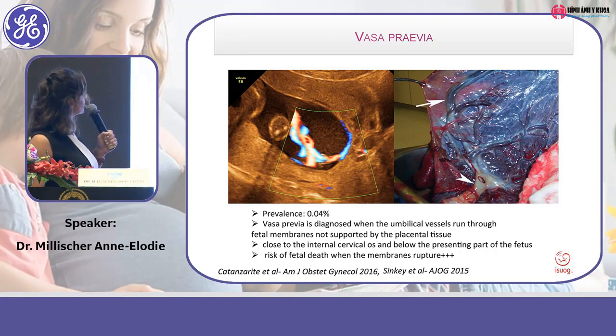And here you have the example of typical vasa previa. Và cái mạch máu tiền đạo là một cái đặc điểm rất là quan trọng khi mà các bạn thấy có một cái nhau bám thấp, cho nên khi mà các bạn khảo sát tử cung thì các bạn nên bỏ Doppler vô để các bạn chắc rằng nó không có một cái mạch máu nào bám ngang qua cái lỗ trong cổ tử cung.